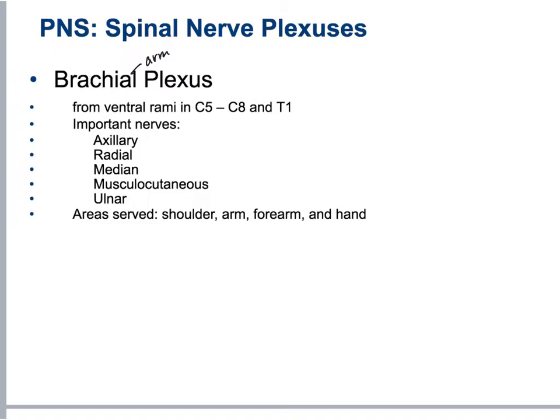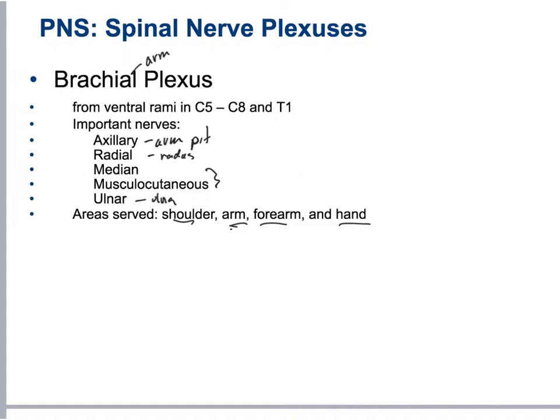And you can see, all of these are related to the arms. This is the axillary, goes to the armpit, obviously radial to the radius, ulnar to the ulna, right? And the other two go towards the forearm and the hand. So the shoulder, arm, forearm, and hand.